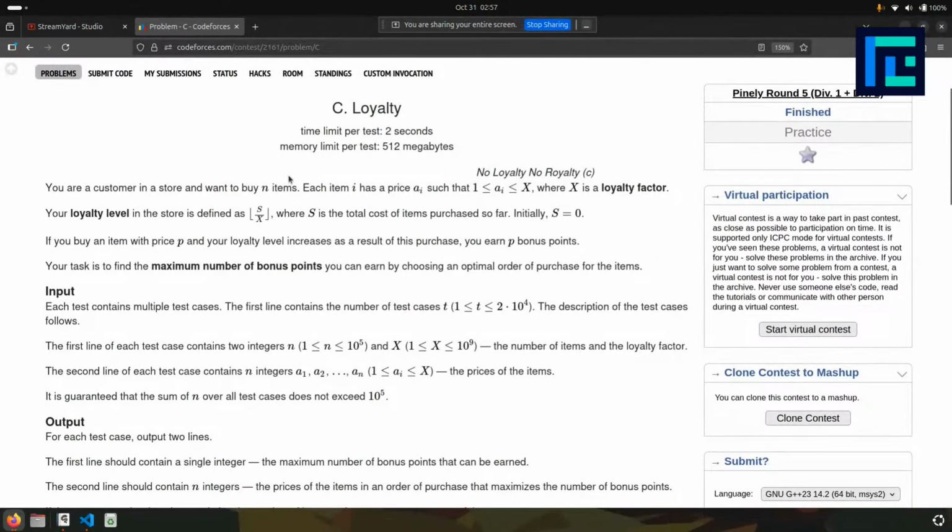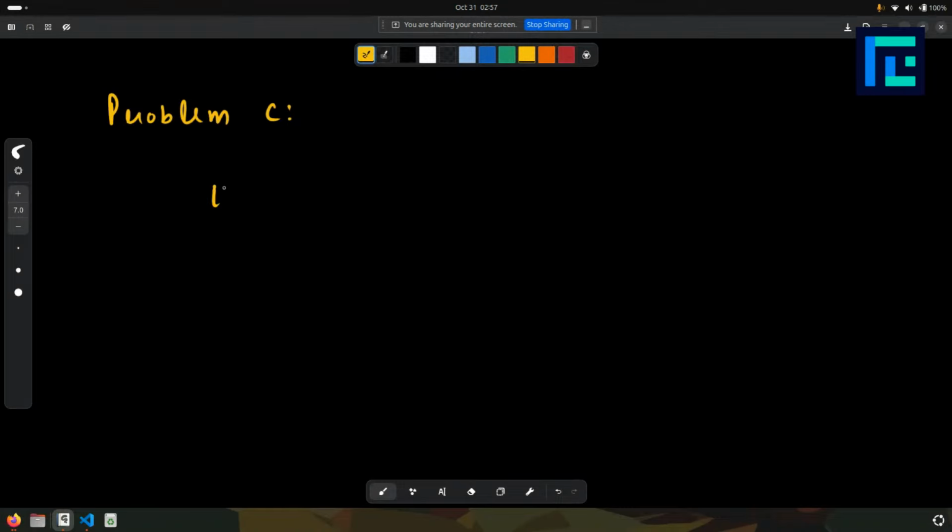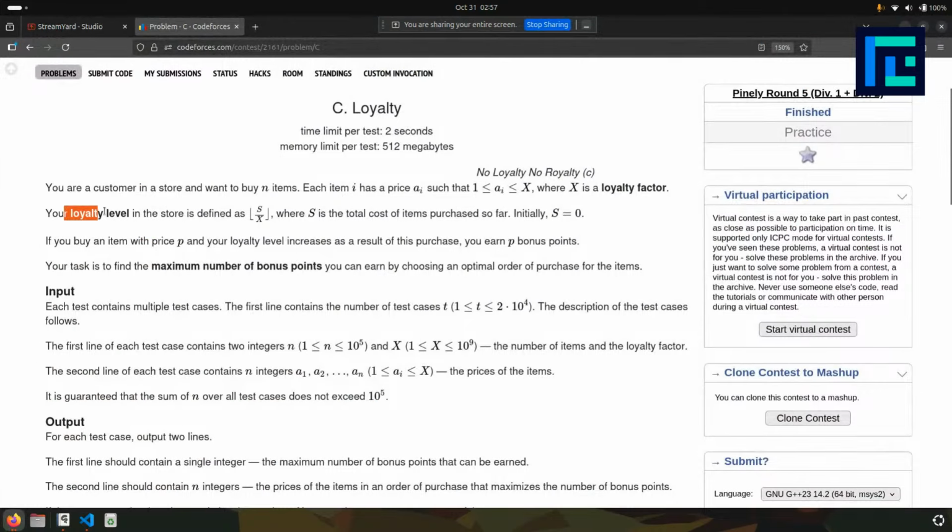So basically we are given a shop where the i-th item has price A_i, and A_i is given from 1 till X, and we have a score, the loyalty level.